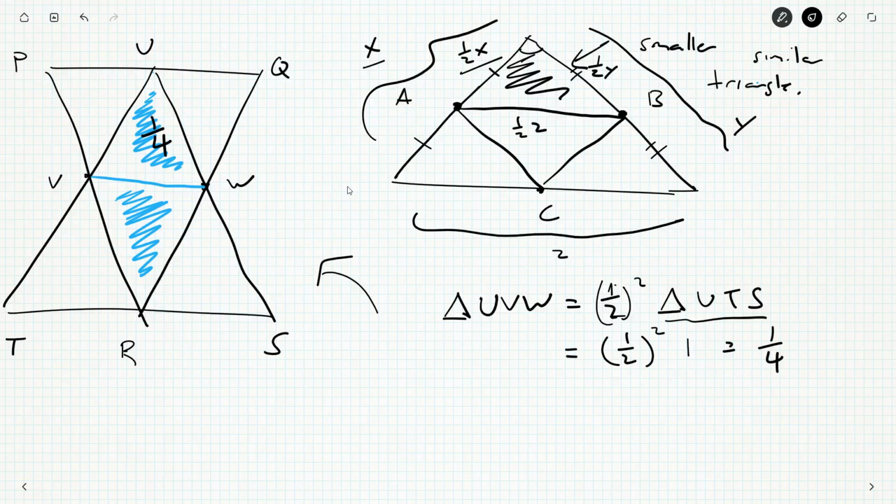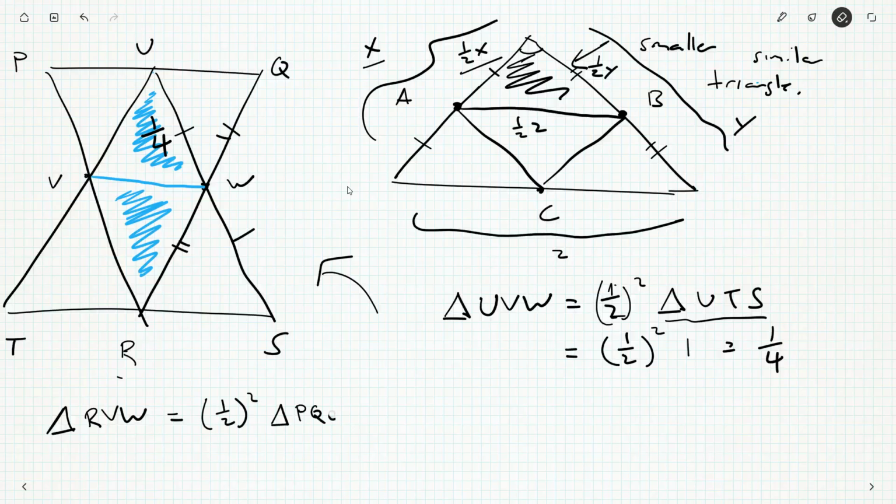By the exact same reasoning, same ratio, same midpoint stuff, we get that RVW is similar to PQR, and so their areas are, again, the ratio between the sides is 2:1 or 1:1/2. We get 1/2 squared the area of triangle PQR.